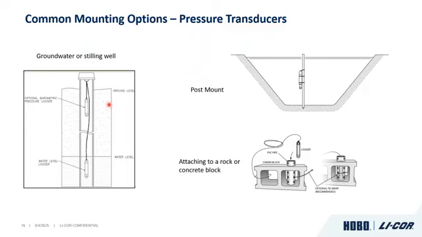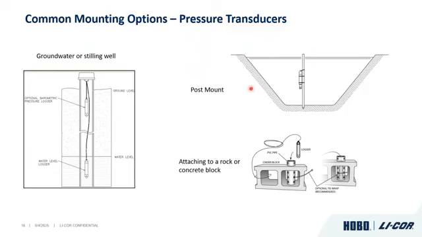The benefit of that is it's protected, and these loggers are temperature compensated. So you don't want to leave a barometric pressure logger just sitting outside in the open. The temperature fluctuations will be too much, especially with solar radiation impact. So you want to protect that. You can either put it in a separate housing, put it in a tree, or you can mount it at the top of your well and protect it inside there.